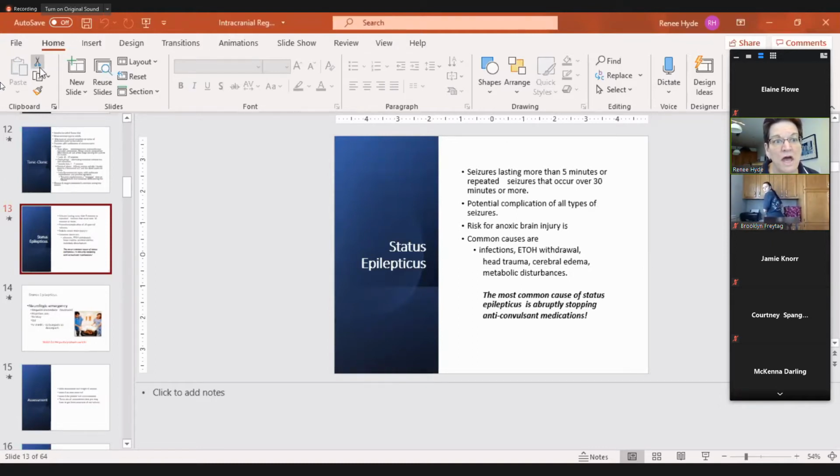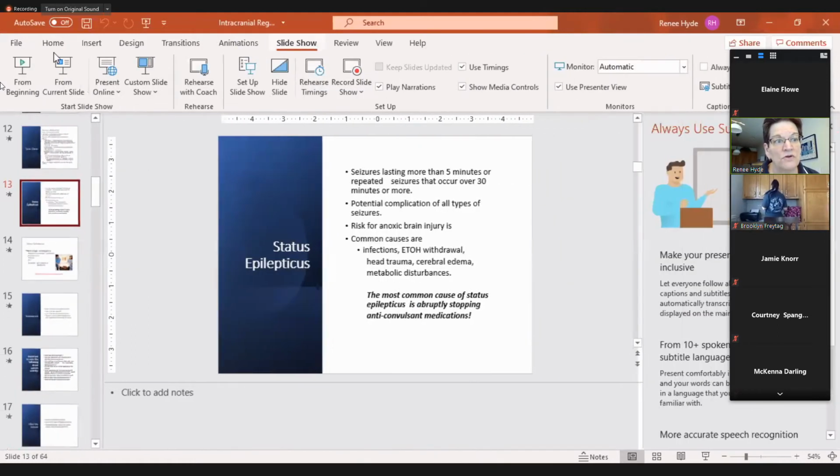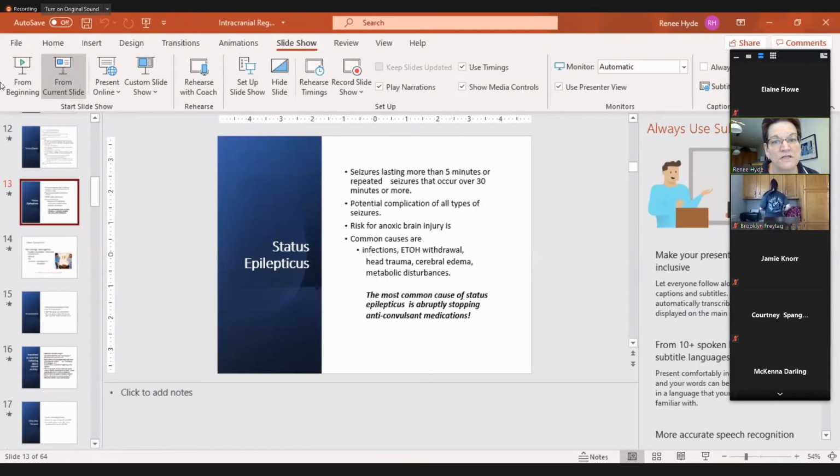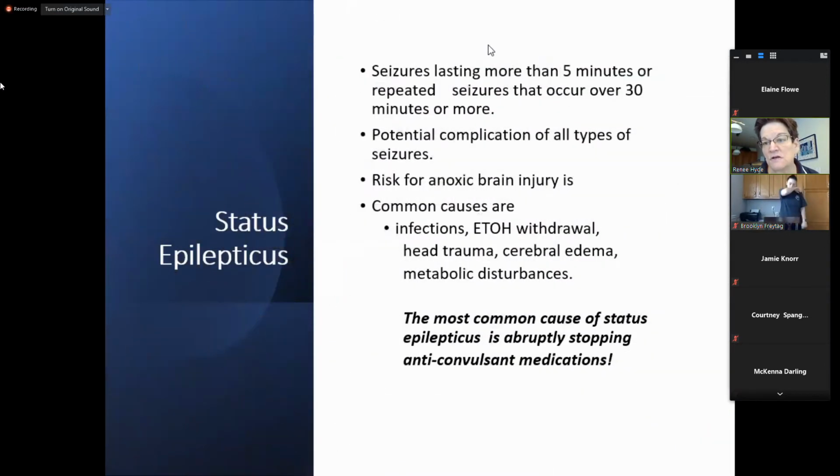So we had basically gone over the different types of seizures that you might see working with patients with a seizure disorder or epilepsy. One of the things that I want you to recognize is status epilepticus, okay?